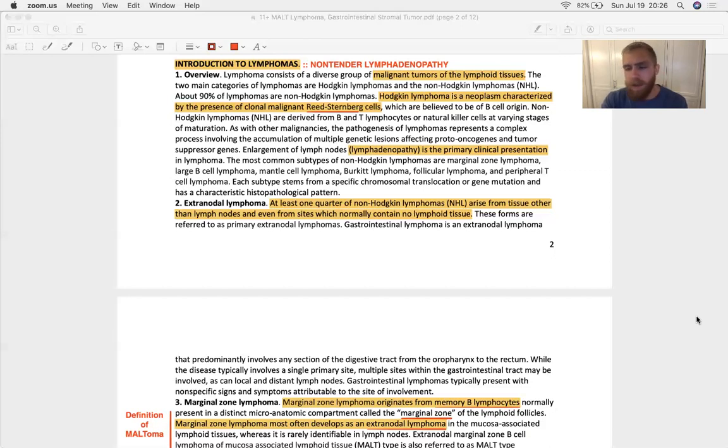Any immune proliferation of B cells or T cells, especially those reactive proliferations of B cells, whenever you go ding, ding, ding, we found the right antigen, and you start making antibodies against it, well, then that B cell goes through clonal proliferation, doesn't it? So that might be the reason why you've got a lymphadenopathy. And a good example of that we have discussed very recently is Sjogren's syndrome.